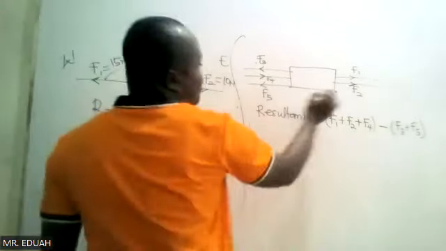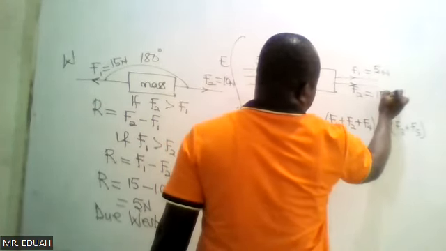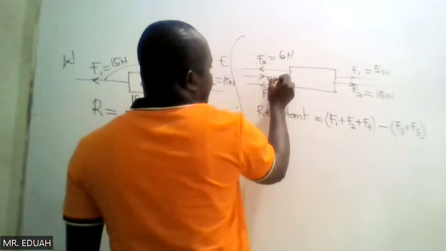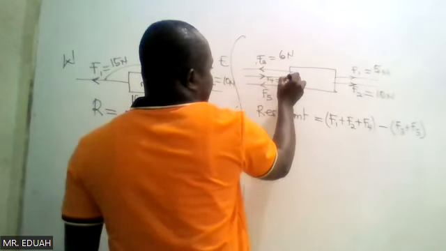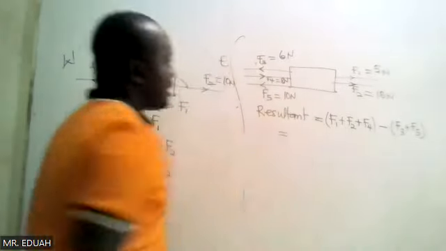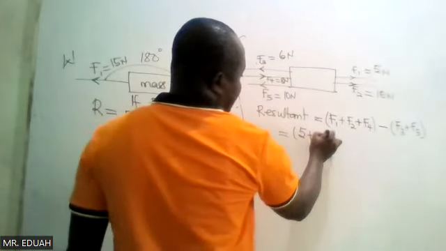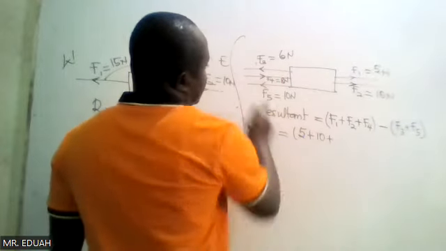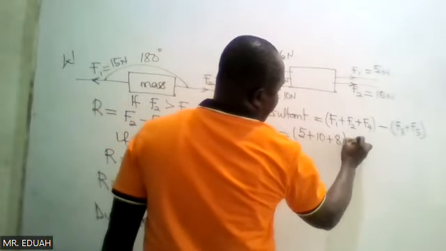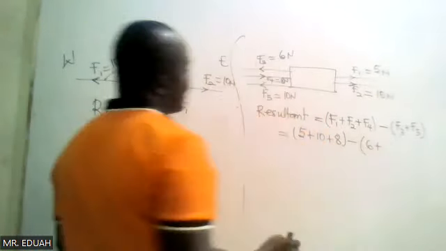Example, let's assume F1 is 5 Newton, F2 10 Newton, F3 6 Newton, F4 8, F5 10. Then F1 is 5, so 5 plus F2 10 plus F4 also points to this direction, so plus 8, minus F3 6 and F5 10.